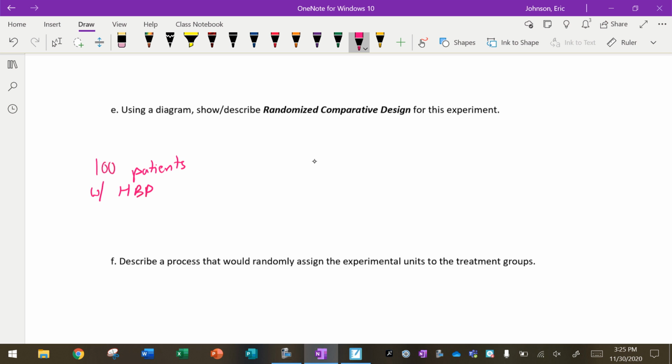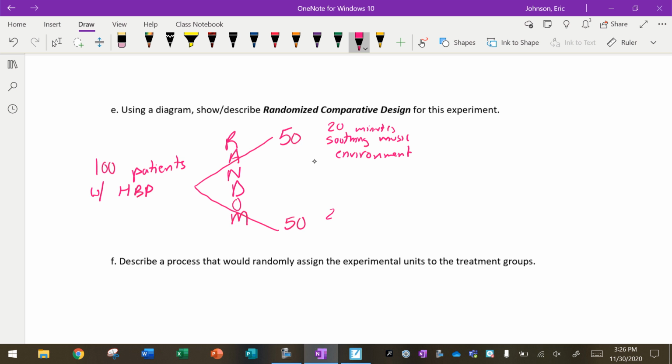But for the sake of the diagram, we're going to randomly assign, and we're going to get into how we would do that, 50 to soothing music environment for 20 minutes, be more specific there, and then 50 to 20 minutes of noise-free environment.